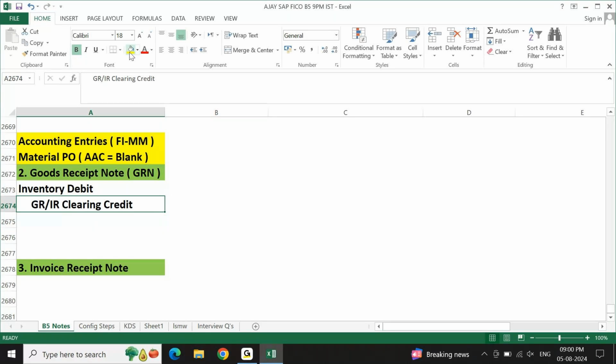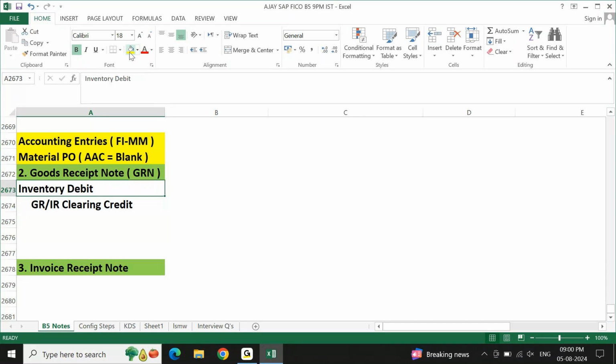How will you identify this is a material purchase order? In the purchase order, if AAC is blank, AAC is nothing but account assignment category. In the purchase order, if the account assignment category is blank, it is represented as a material purchase order. For material purchase order, accounting entry, when it comes to GRN, it is your inventory account debit, GRIR clearing account credit.